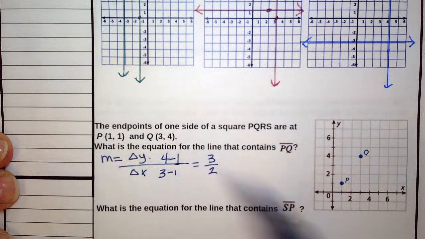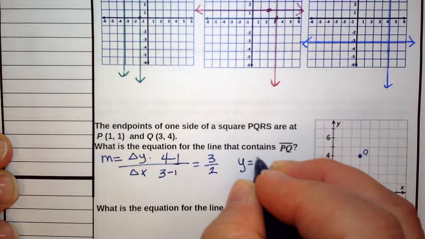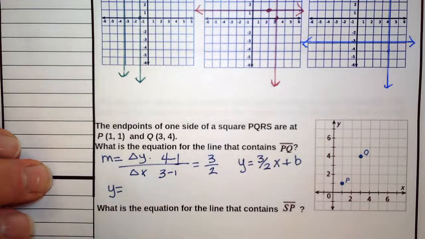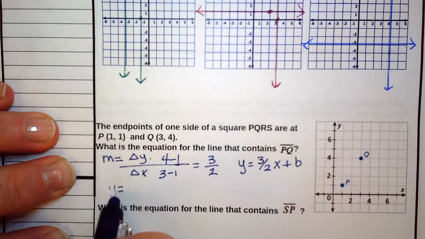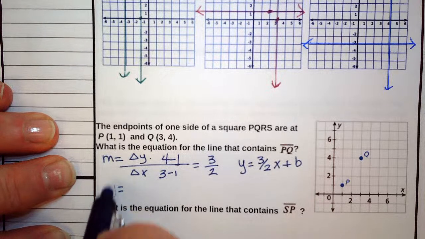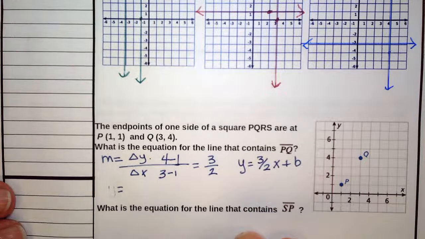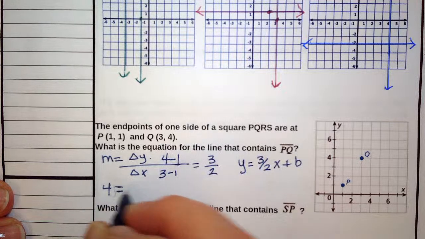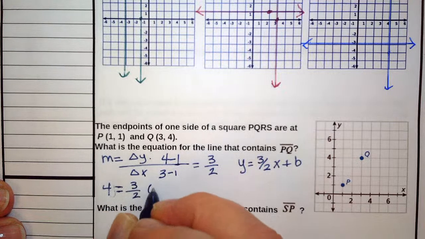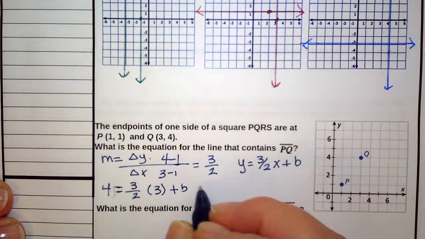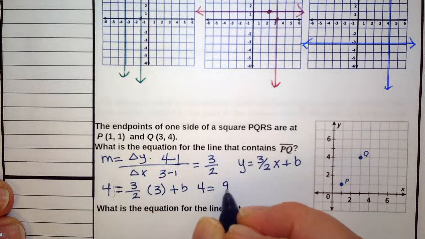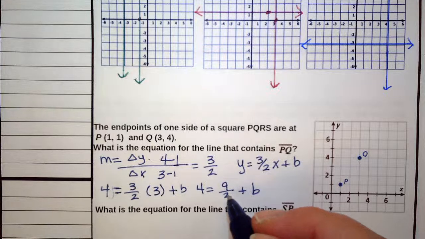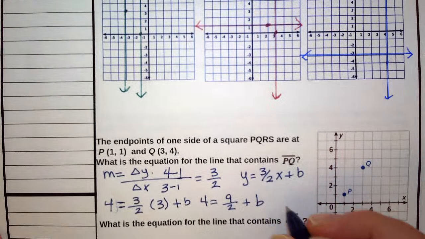We will use the point (3, 4) to find the b value. 4 equals 3 halves times 3 plus b. 4 equals 9 halves plus b. 4 would be 8 halves. 8 halves minus 9 halves gives me negative 1 half.